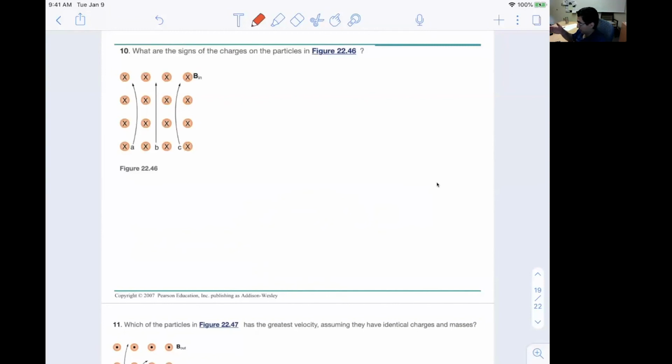Put your finger along the velocity and you will find the magnetic field, and the force is going to be this way, assuming a positive charge. So A is positive. C will have the opposite force, which means it's negative. B doesn't have any force, but it moves, which means it is neutral.